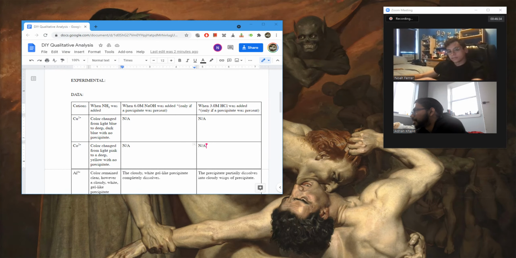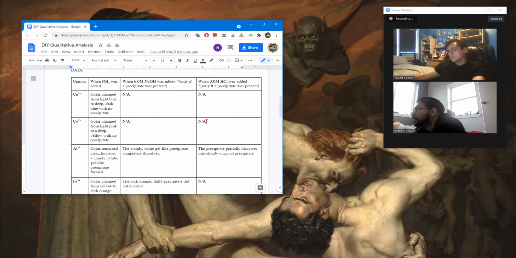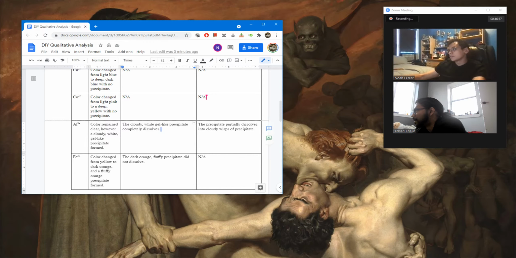It seems like they're trying to titrate or neutralize it, because they had a weak base, then a strong base, immediately followed by a strong acid. So our table so far makes sense, and our unknown is definitely going to be some mixture of aluminum and iron, I believe.